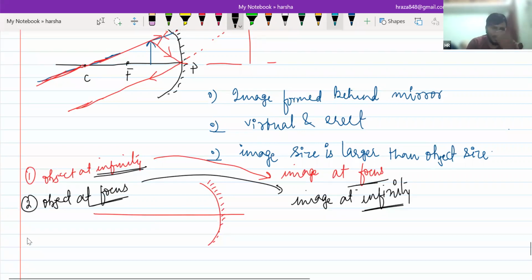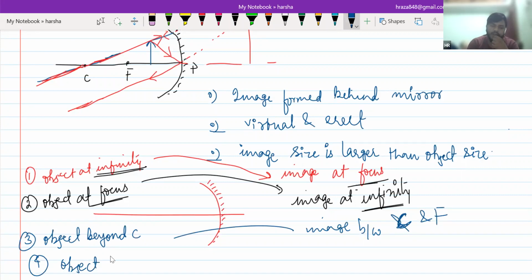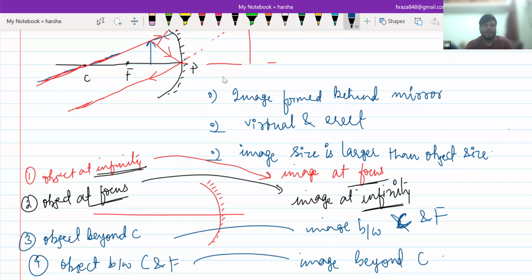Now, the third case you can see, object beyond C, image between C and F. Fourth case, object between C and F, image beyond C. Are you getting my point, Abdullah?